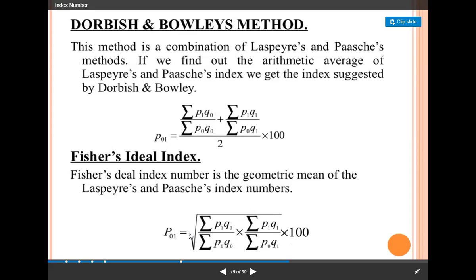That is simply written as P01 equal to square root of L into P, where L means the Laspeyres formula and P the Paasche's formula, then into 100. But this 100 is outside the square root. So this is the Fisher's index number.